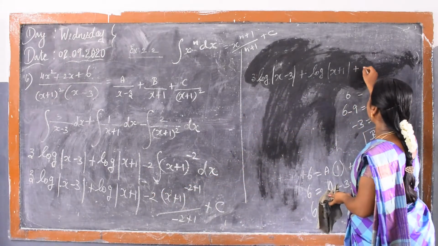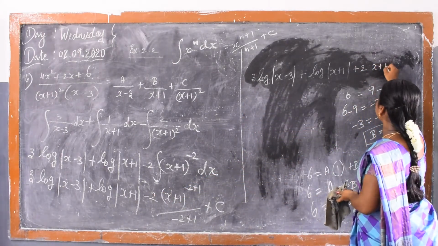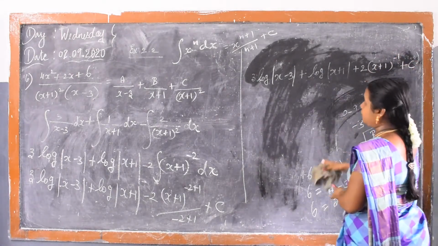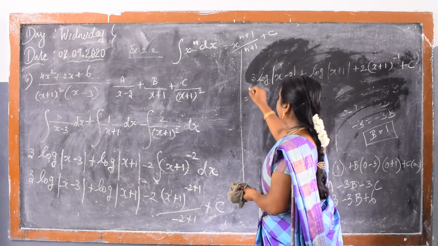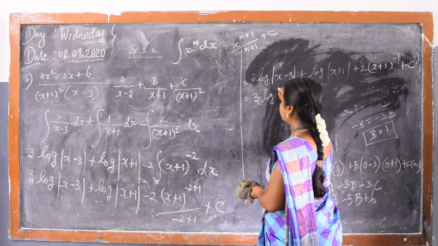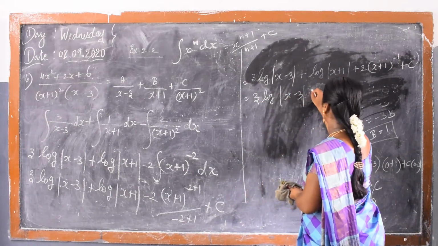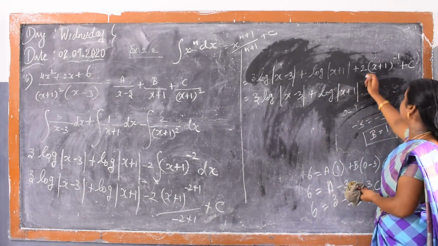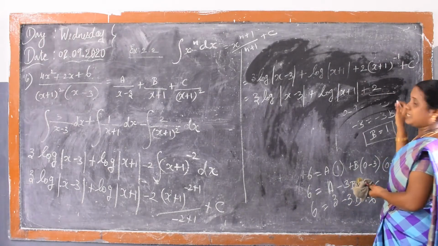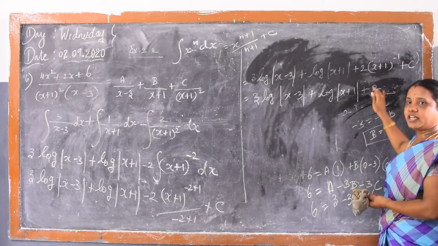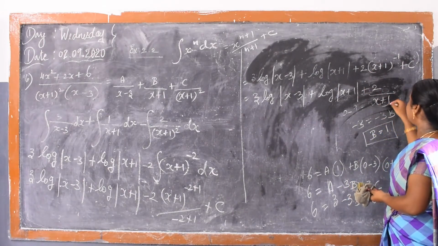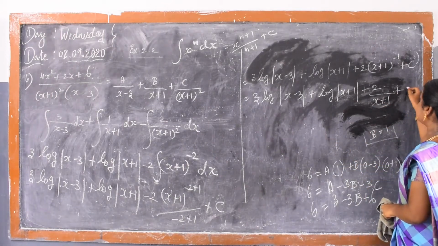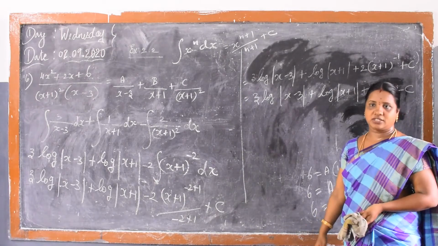So plus 2 times x plus 1 whole power minus 1 plus c. See what I am going to do here. 3 log x minus 3 plus log x plus 1 plus 2. This x plus 1 whole power minus 1, bring it to the denominator, it will become plus 2 by x plus 1, plus c. Have you understood?